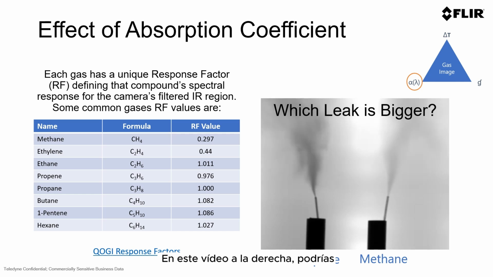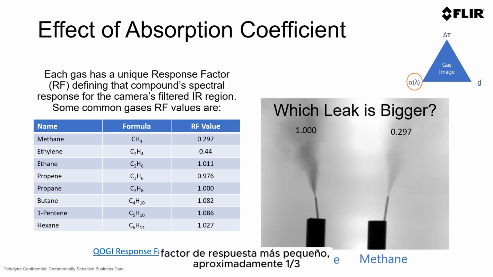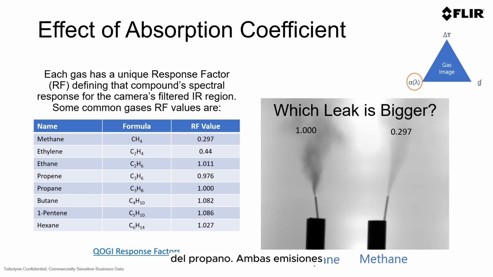In this video on the right, you may wonder which leak is bigger, propane or methane? Many may look at this and say that must be a bigger leak on the left because it's propane. Yet on the right, it's methane, which simply has a smaller response factor, about a third of what propane is. Both of these emissions are exactly the same in a laboratory environment.